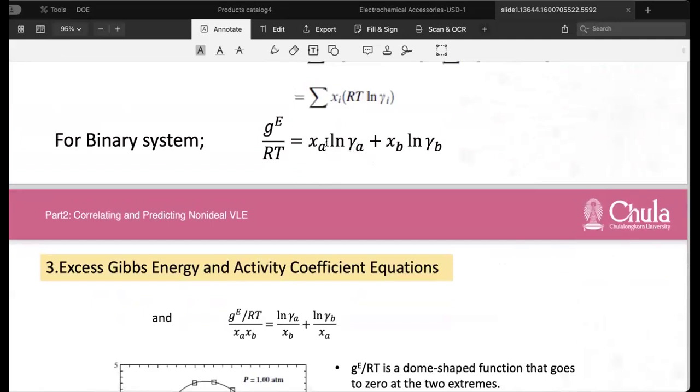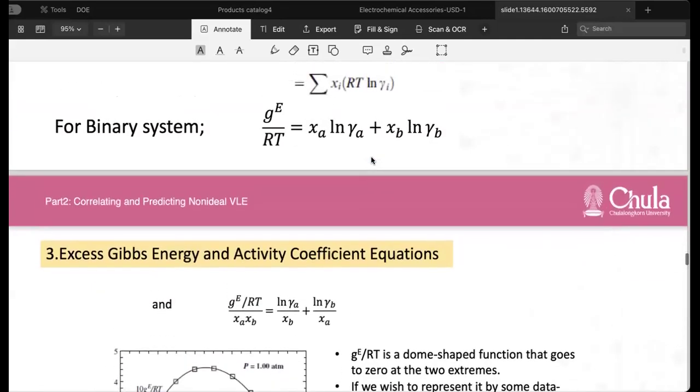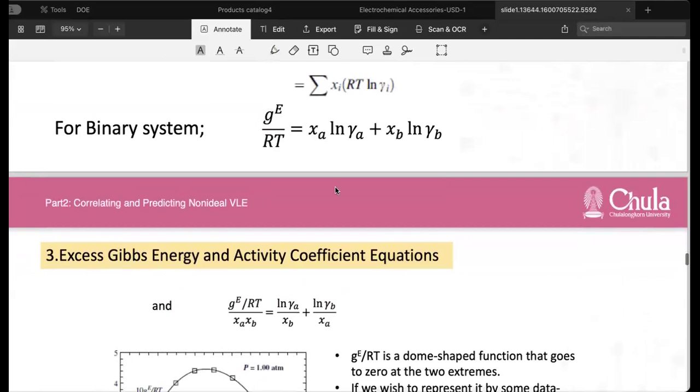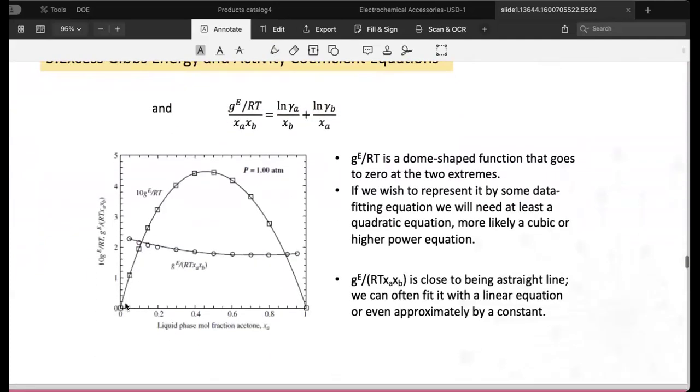You take the log, multiply by x1 and by x2, and then you take the summation, and then you plot GE over RT from 0 to 1. You will see that GE over RT looks like this. Of course, for different components it shows different things, but you see that it's kind of quadratic, it deviates. It's not linear for sure.